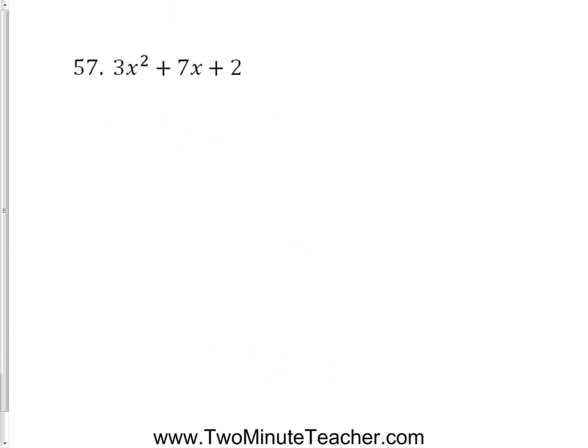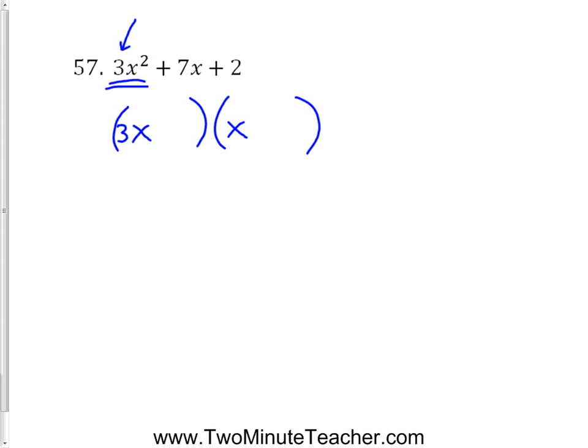Next kind. These are probably getting into the hardest kinds of factoring. And you still are going to end up with 2 sets of parentheses. Okay? But I can't use x and x here because I need the first terms to give me 3x squared. And so this is still not the hardest kind of factoring because there really is only one way to do it. 3x and x.